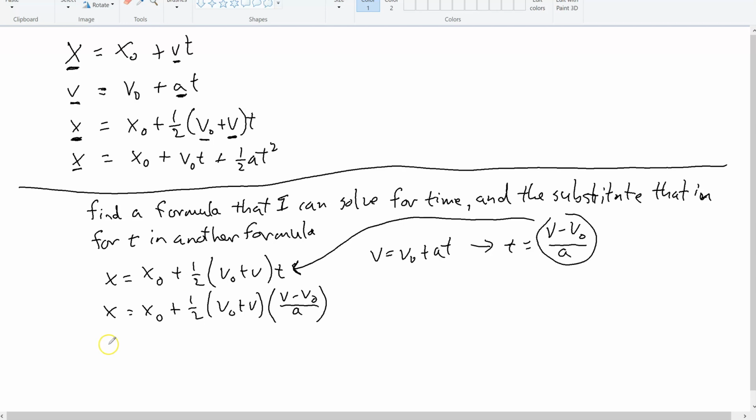Okay, so let's rearrange this. Let's put the 2 under here and we'll create this. We'll say x equals x0 plus, and I'm going to switch the characters here, v plus v0 times v minus v0, and let's not have that little dot in there.